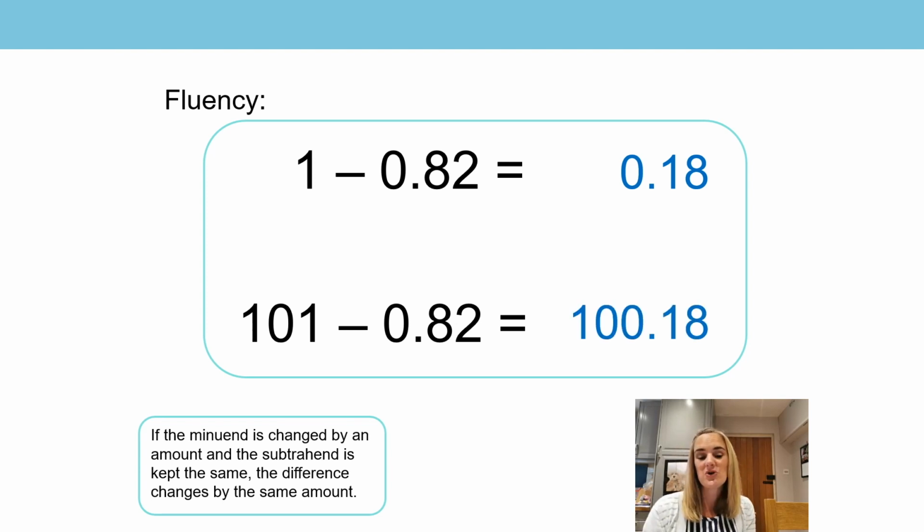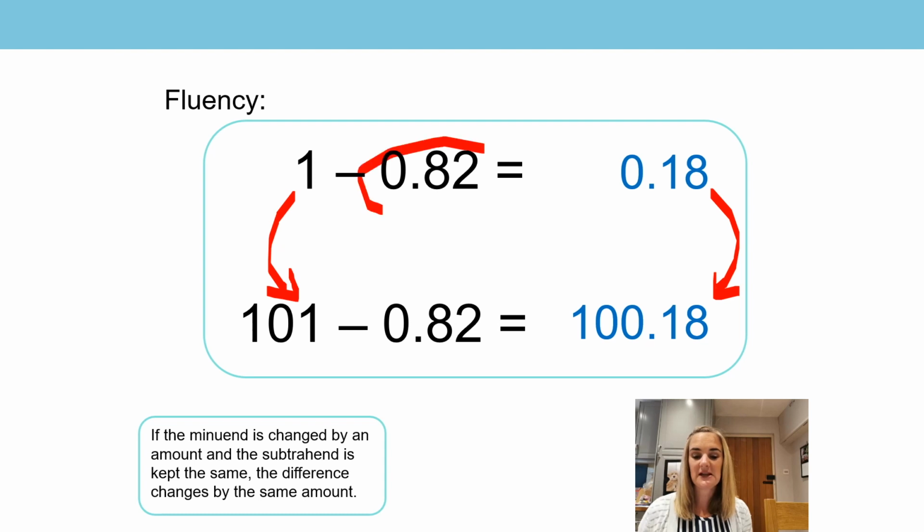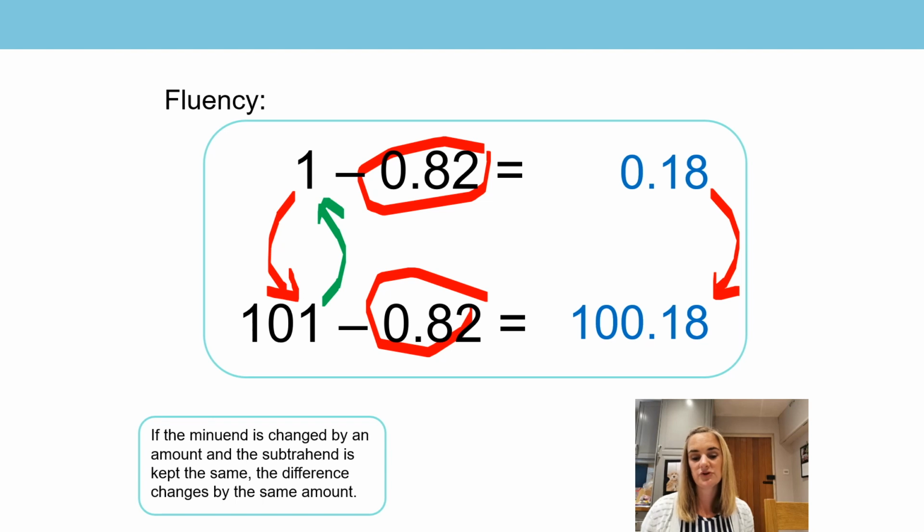Fantastic, it is 100.18 because again, say it with me, the minuend has increased by 100, the difference has increased by 100, and our subtrahends have stayed the same. And if we did that relationship the other way round, we could say our minuend has decreased by 100, our difference has decreased by 100, and our subtrahends are still the same. Fantastic.